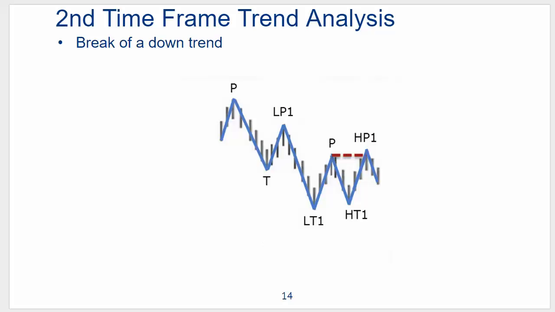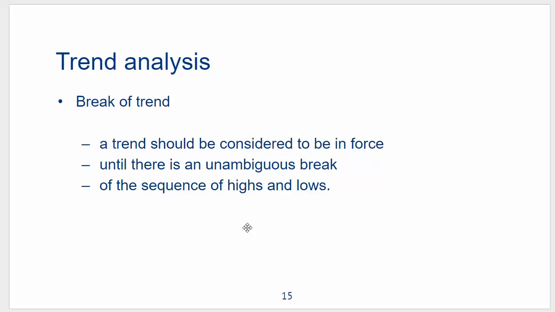Now, the important thing to remember here as well is that we believe that the previous trend remains in force unless we have an unambiguous break of the sequence of peaks and troughs. So in a similar way to with the first time frame, we were looking at the highs and the lows.